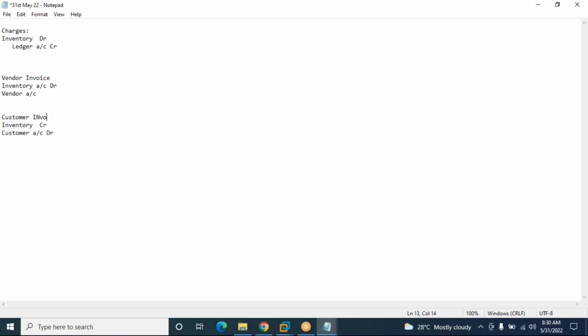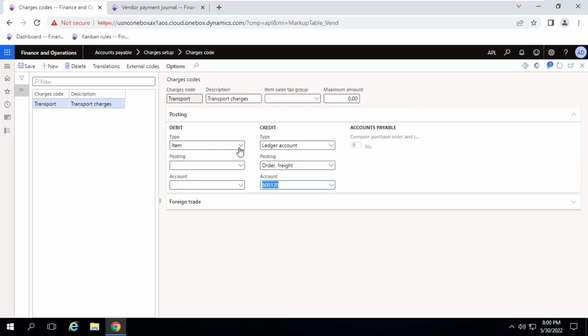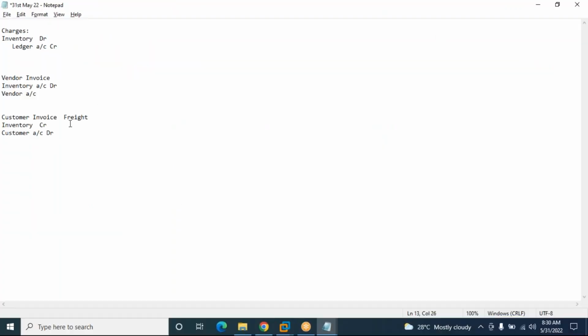This is correct, am I right? So at that time you are applying freight charges. You are dispatching material to the customer, so you need to charge freight charges. Understood? Yes, sir.